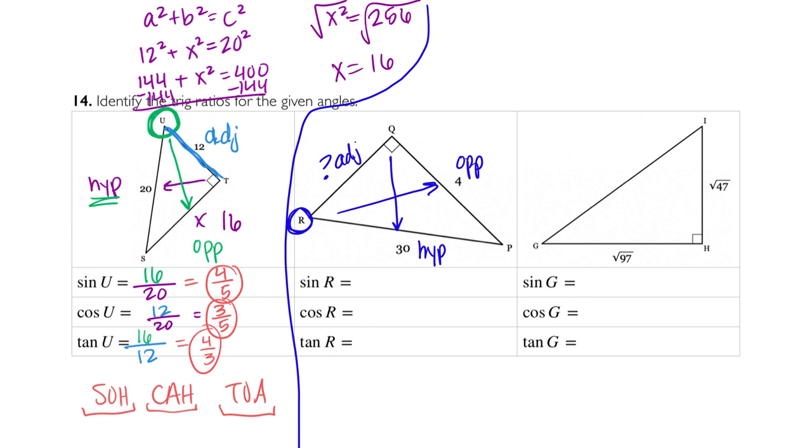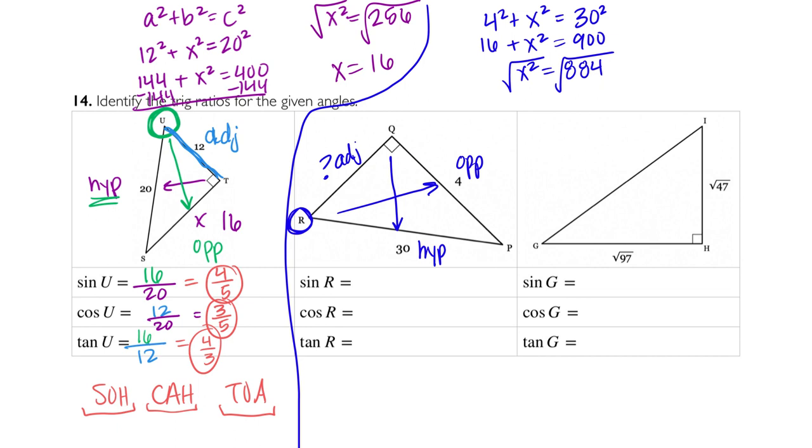So in order to find the adjacent, since we know 2 of the sides, we're going to use the Pythagorean theorem to find the third. So we know opposite, we don't know adjacent, and we know the hypotenuse. So we've got 4 squared plus x squared equals 30 squared. We would subtract 16 over, and then we would square root both sides.